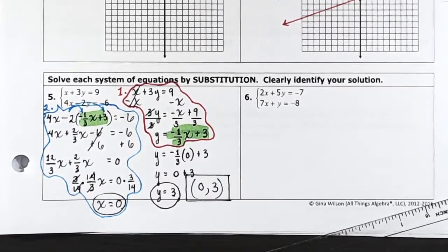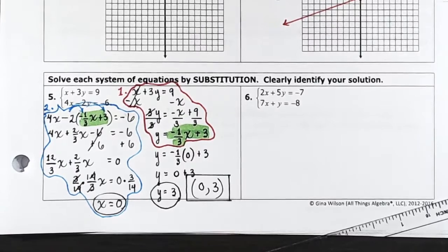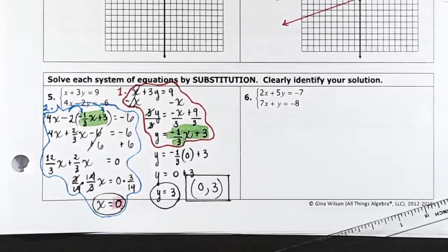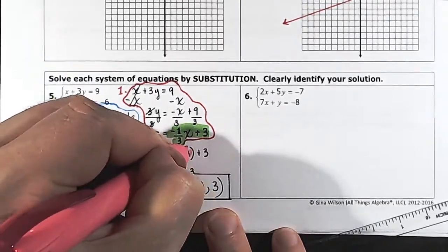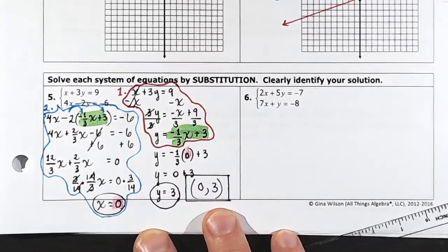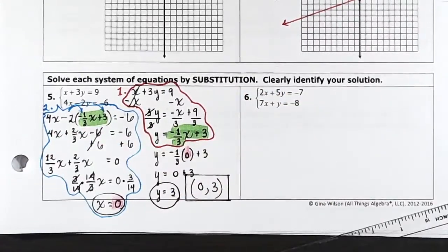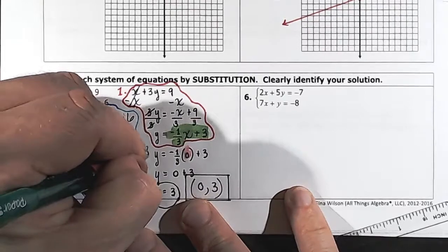And then in step 3, I plugged in what I found x to equal, which was 0. I plugged it back in to an equation to solve for y. All right, so now I need another color. I guess I'll use green if it works. This is step 3.